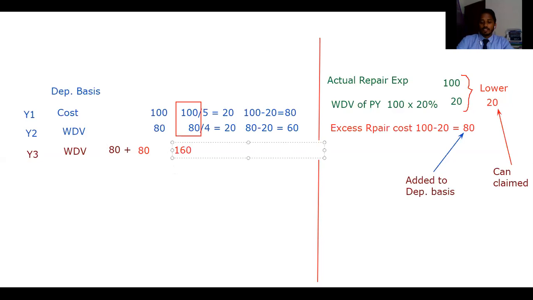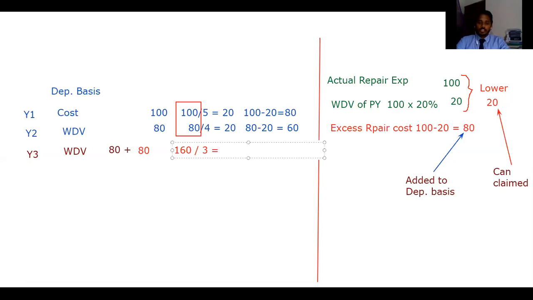Then the depreciation basis will be 160 divided by 3. How much is 160 divided by 3? That amount is the depreciation capital allowance that can be claimed in year 3, right?